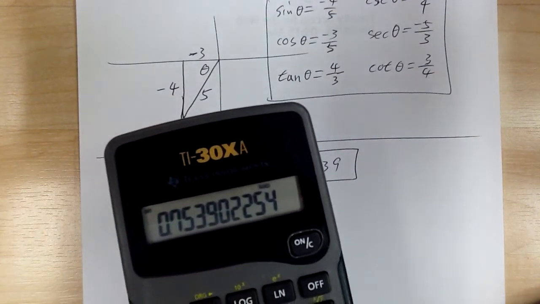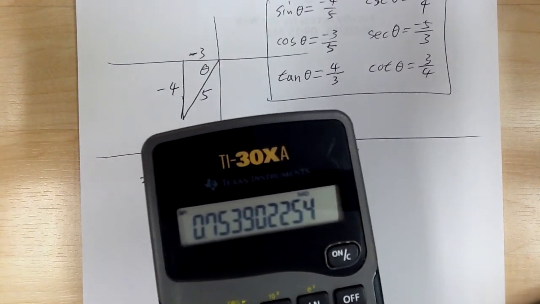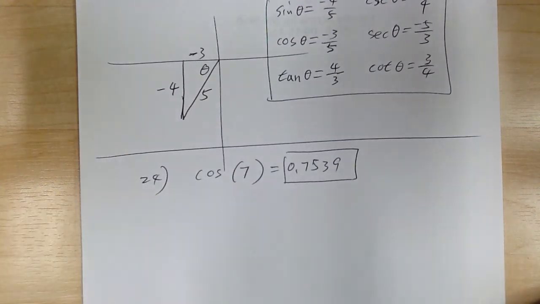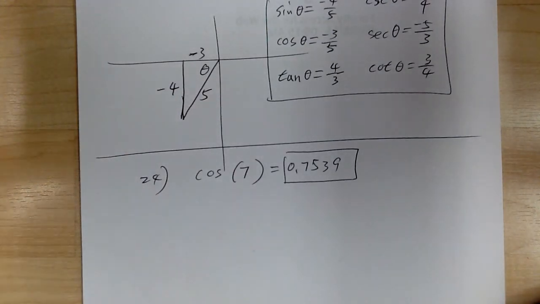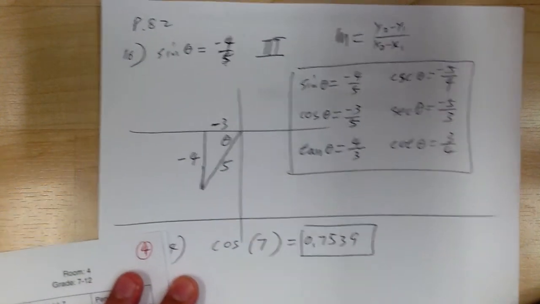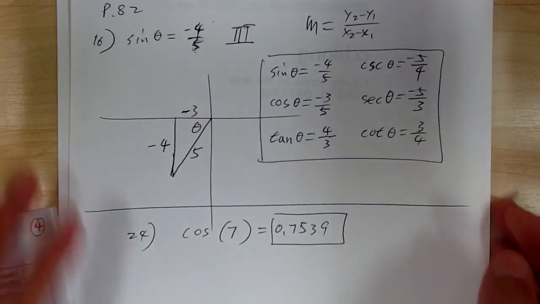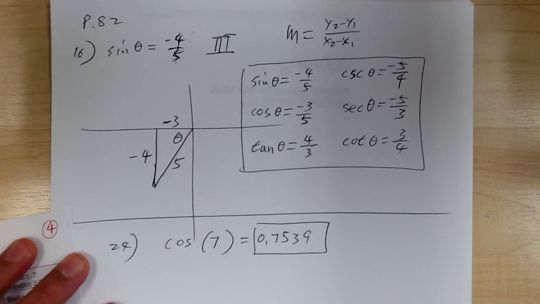So if it's radian, you've got to put your calculator in radian mode. If it's degree, you put it in degree mode. Okay. Okay, so that's it. So let's go and do some practice. Let's see. I'm going to put this right up here.